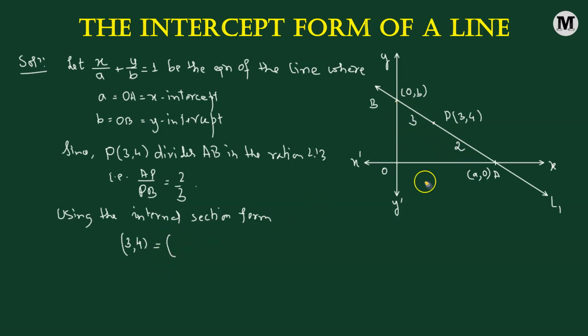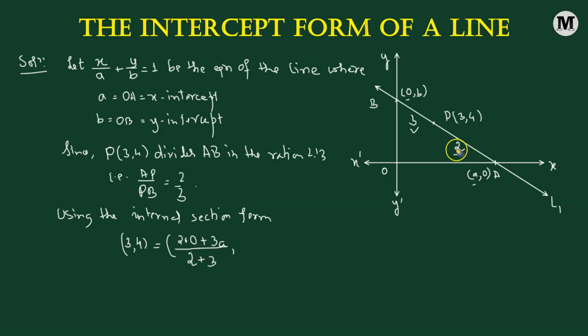All we have to do is take this value 2 and multiply it by the x coordinate of point B, so that gives us 2 times 0, added to 3 times a, the x coordinate of point A, and we divide it by the sum of the ratios, 2 plus 3.